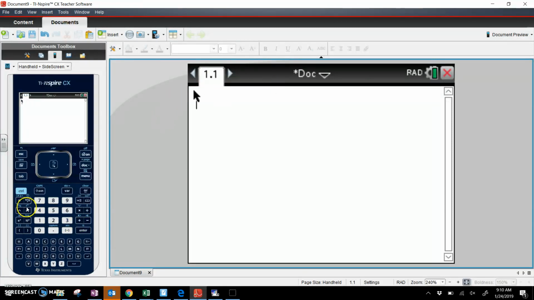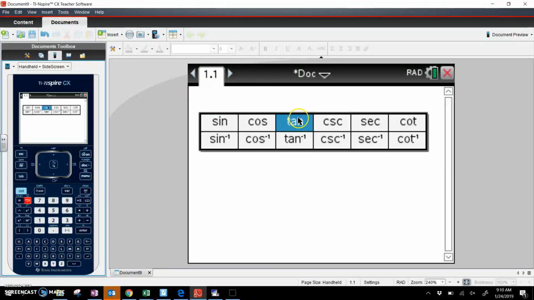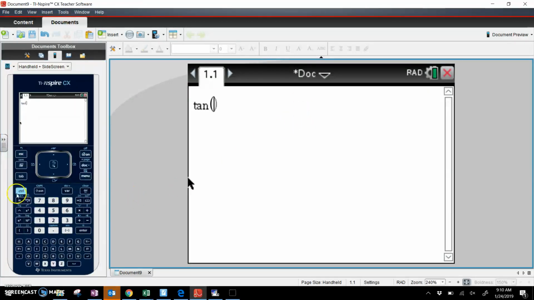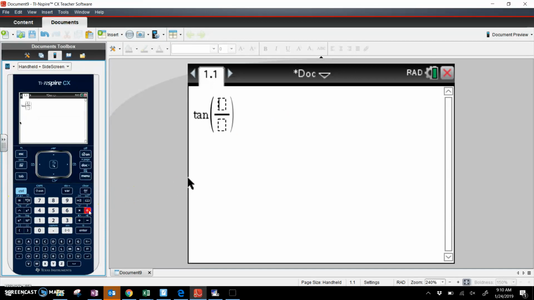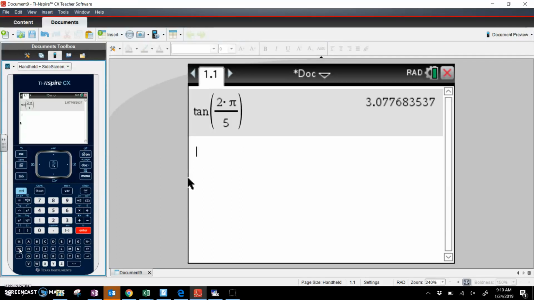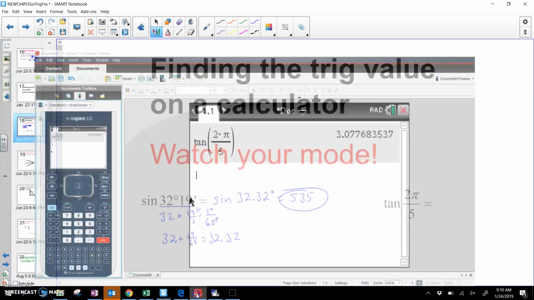So again, we said we were going to do tangent of 2 pi over 5, so you can either use the fraction button, but you don't really need to, but if you do control divide, it does that. 2 times pi. Now, if you go down in the lower left corner, you can see the pi button. That's where that is. 2 pi over 5, enter, and I get 3.078 for my answer for that one.